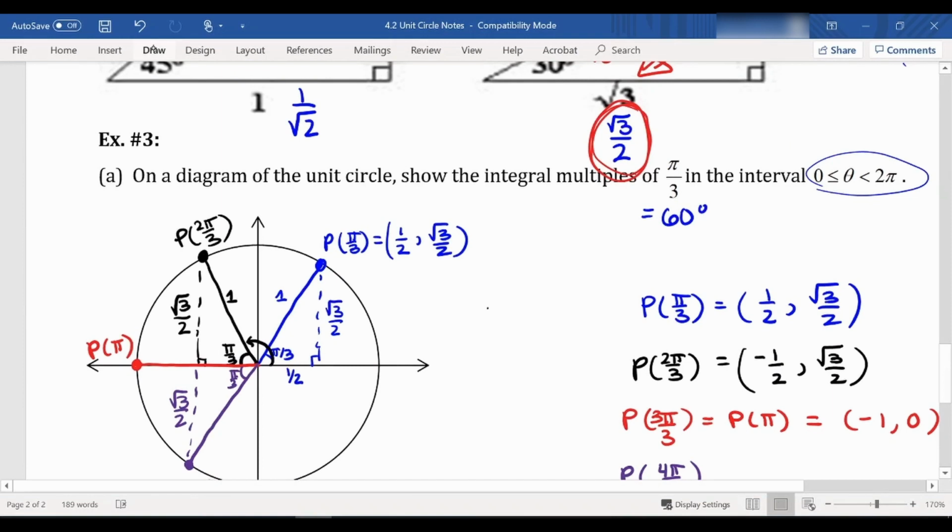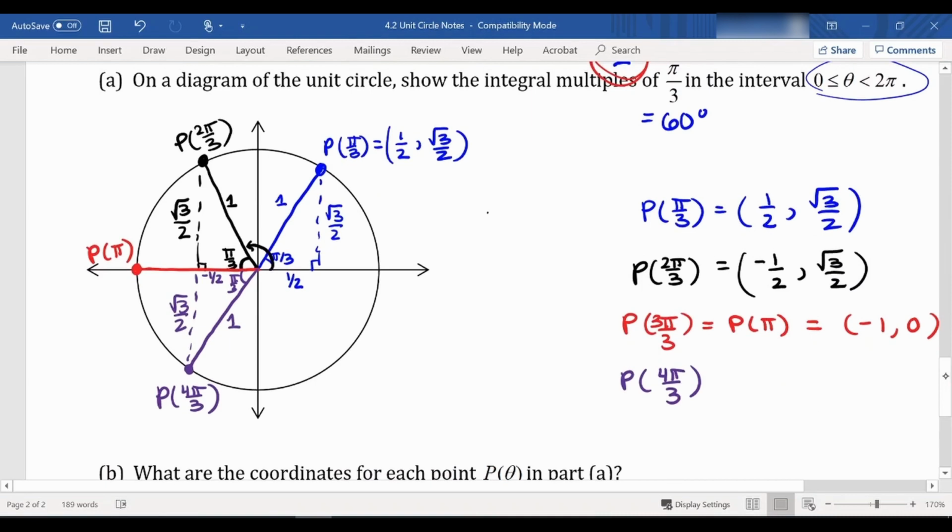So across from the pi over 3, we have our root 3, or in this case, since we are on a unit circle, root 3 over 2. My x side length of 1 becomes, because we are on a unit circle, 1 over 2. And my x and my y should both be negative because of the quadrant that I'm in. My x and y's are all negative in this quadrant. So my point is negative 1 over 2, comma, negative root 3 over 2.